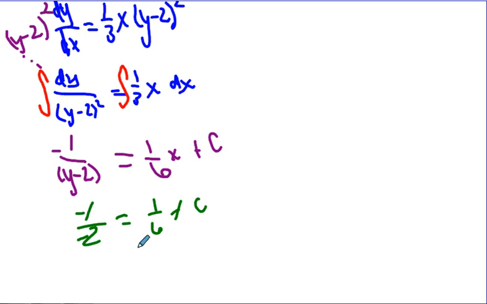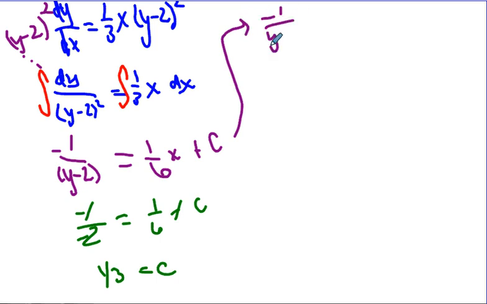So 1/2 minus 1/6 gives us 1/3. So I'm going to replace that into my equation. So I've got negative 1 over y minus 2 equals 1/6 x squared plus 1/3.